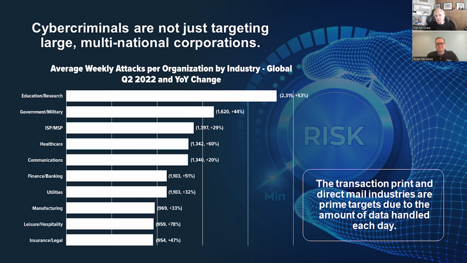They're not only going after the biggest companies. They're not just going after the giants. They're going after the mid tiers and the low tiers, because any place there's data, you're a potential target.